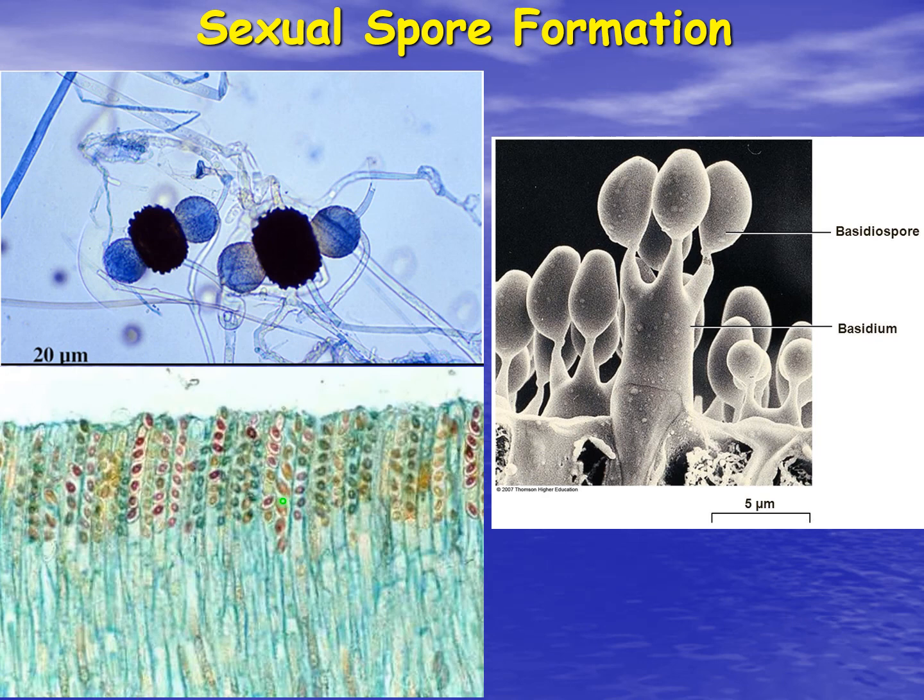And then the last type of sexual spore is the ascospore. If you can kind of see, all of these spores are lined up in this elongated sac structure known as an ascus. And again, the ascospore and the basidiospore are primarily found in fungi that produce the mushroom.